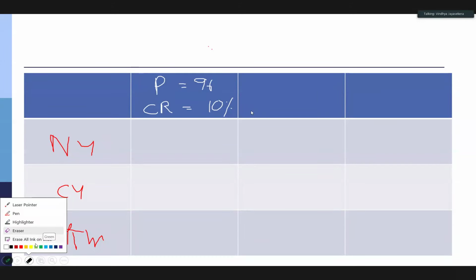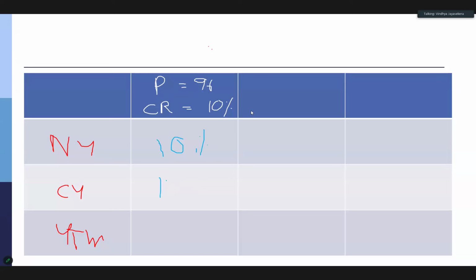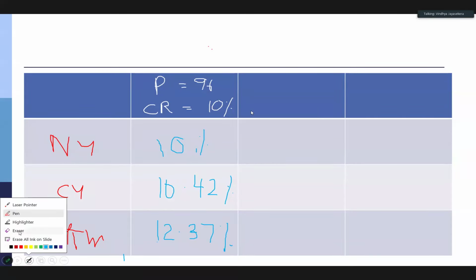And then current yield 10.42. And yield to maturity was 12.37. Right, 12.37. And then we did example 2 today.